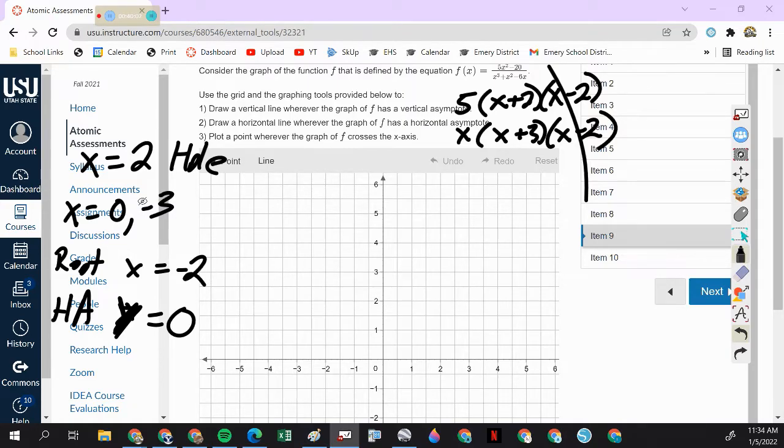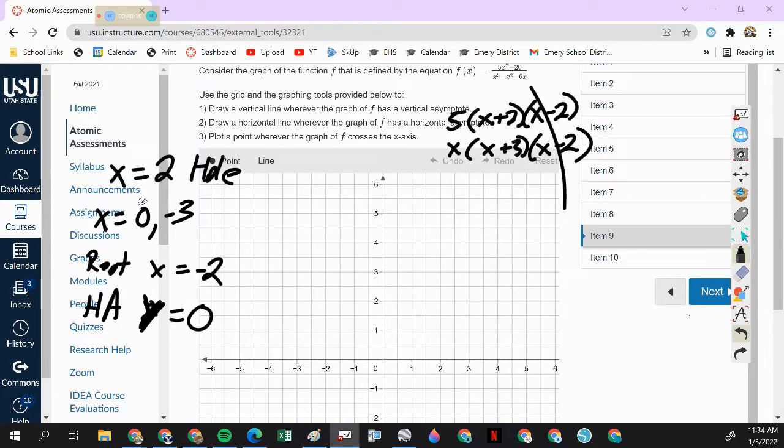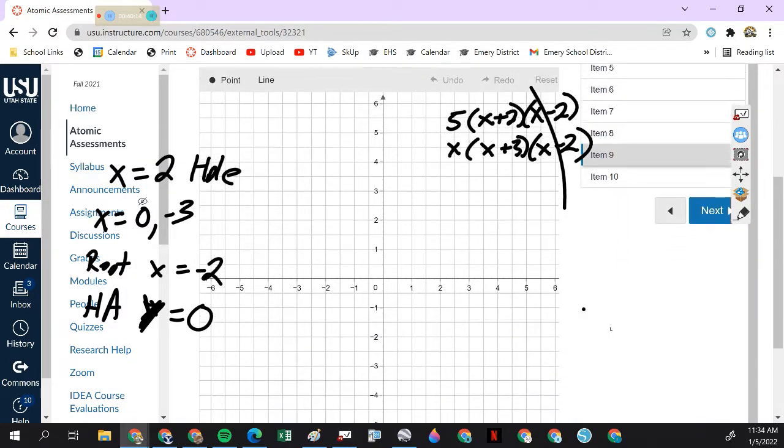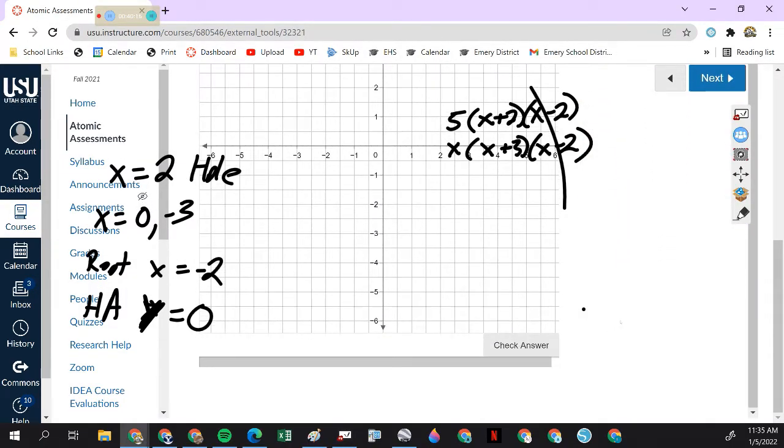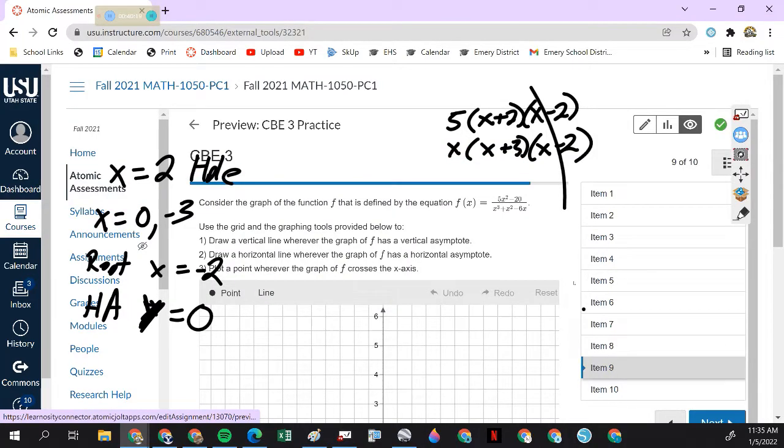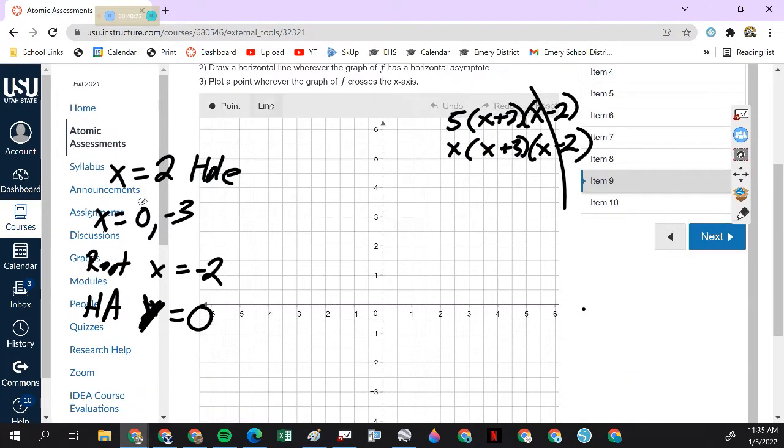Now, let's see if I can put all those on there. Draw a vertical line. So vertical line.